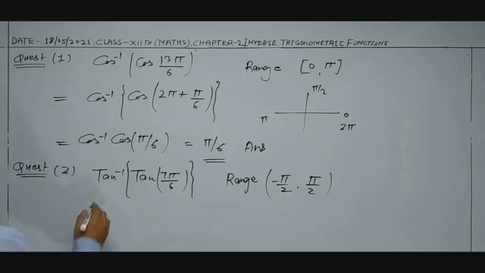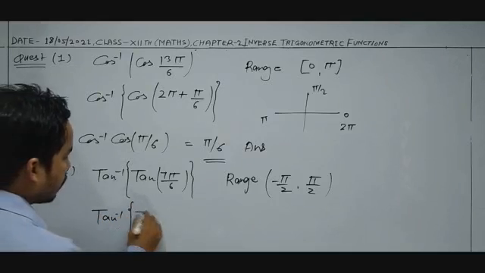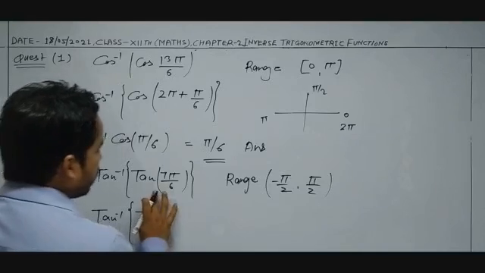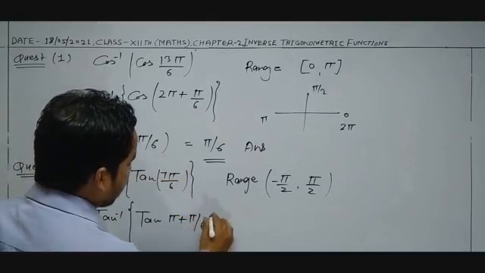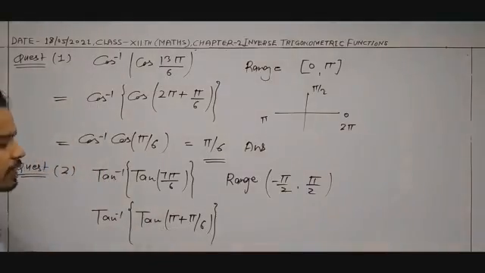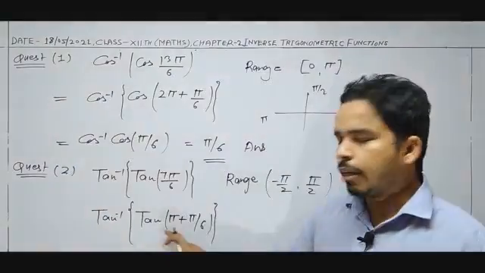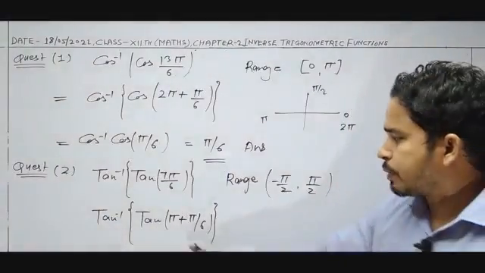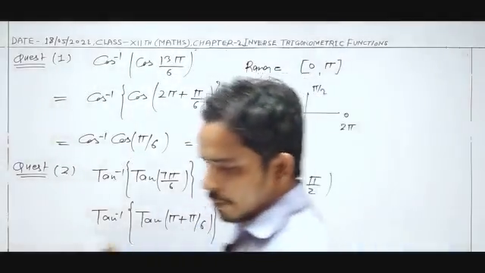So see here, tan inverse tan of 7 pi by 6 can be written as pi plus pi by 6, and you know 180 plus theta lies in the third quadrant. In the third quadrant the value of tan is positive, so the result will be tan of pi by 6.